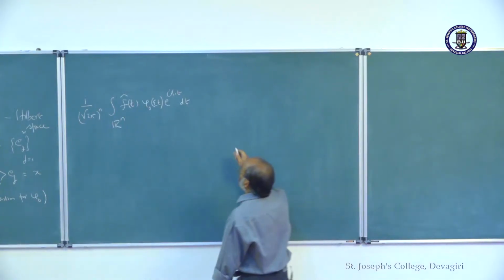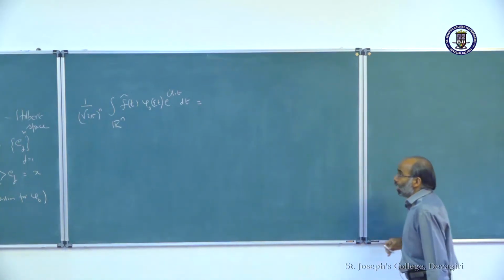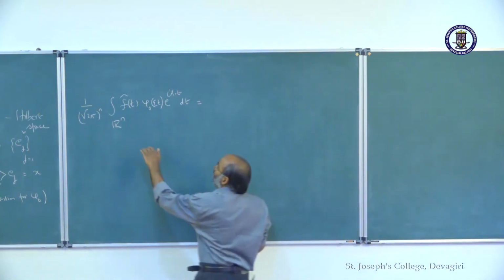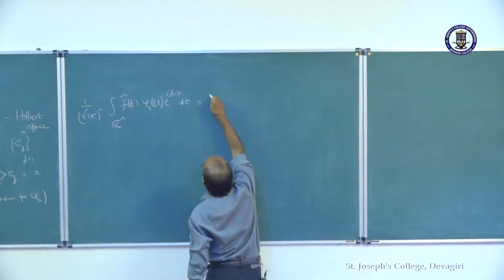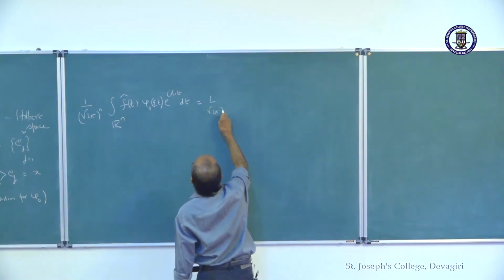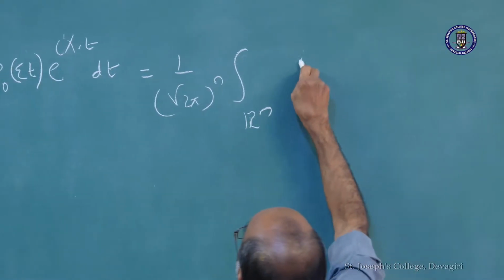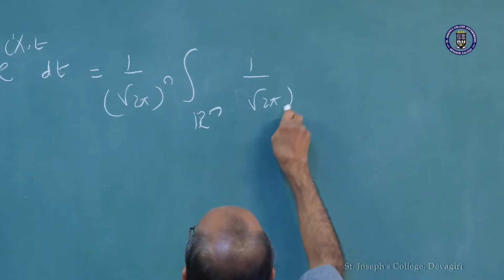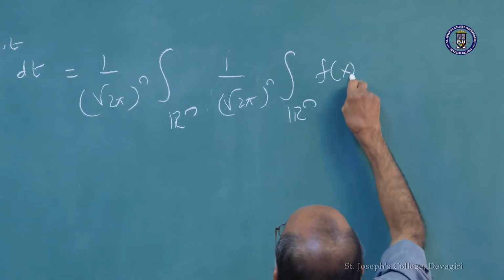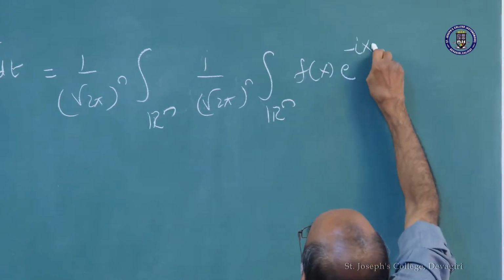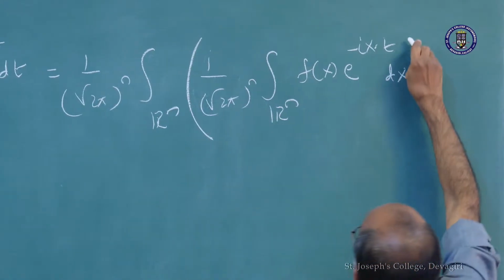Now, this is equal to, I am going to plug in the definition of the Fourier transform here. So, I will have 1 by root 2 pi to the n integral over Rn, and for the Fourier transform I have another 1 by root 2 pi to the n integral over Rn f of x e to the minus i x dot t dx, right. So, this much is simply the Fourier transform of f.